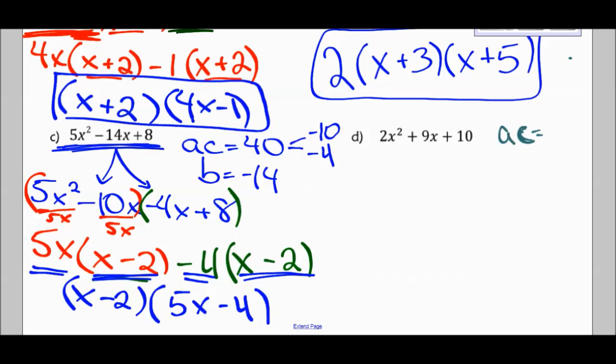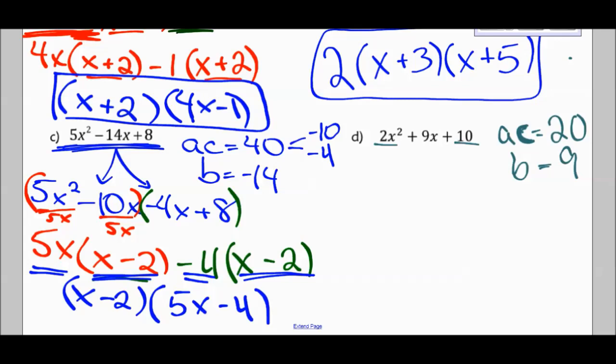Really, it's just 2 times 10. So it's A times C. It's the first number times the last number. That's 20. The B is 9. What combination is going to work there? What's going to give us 20 when we multiply and add to 9?